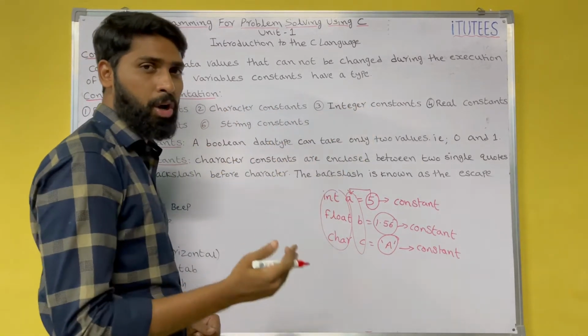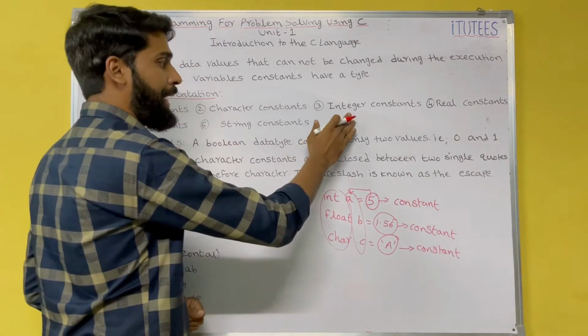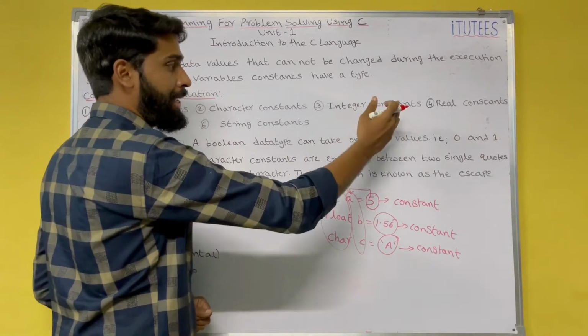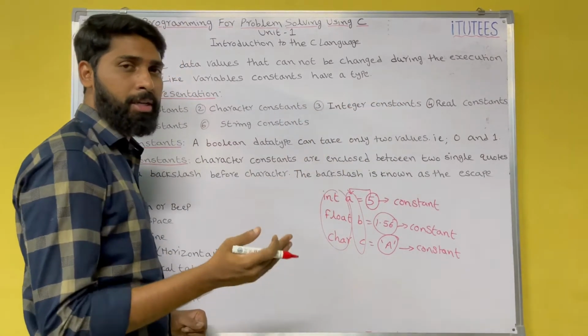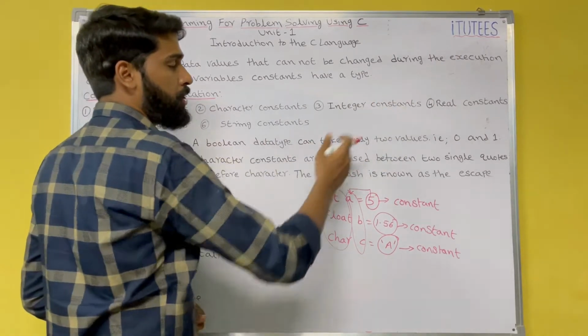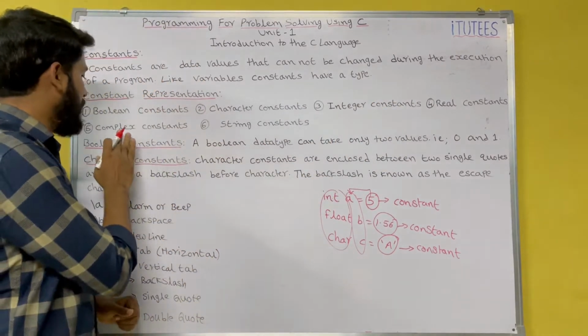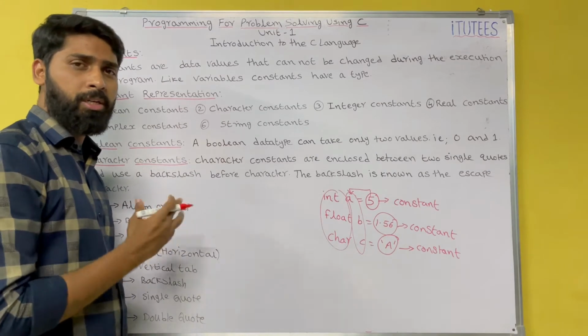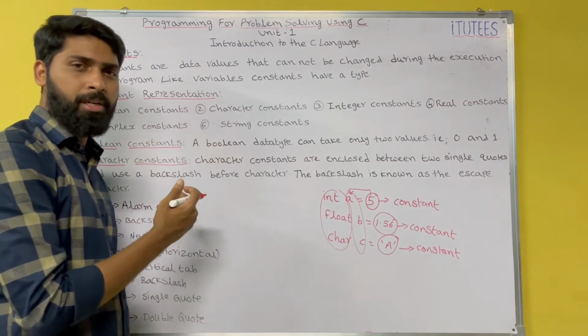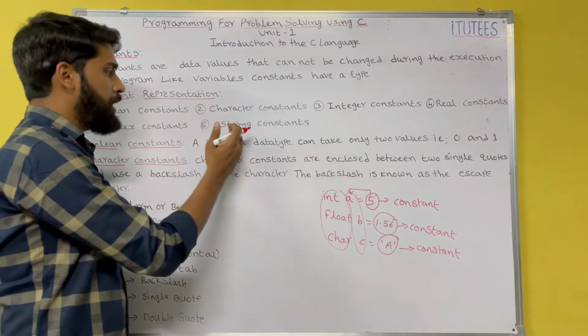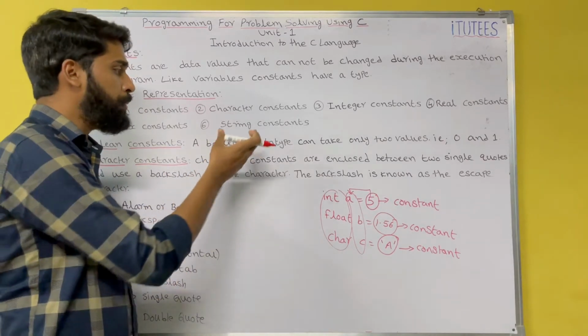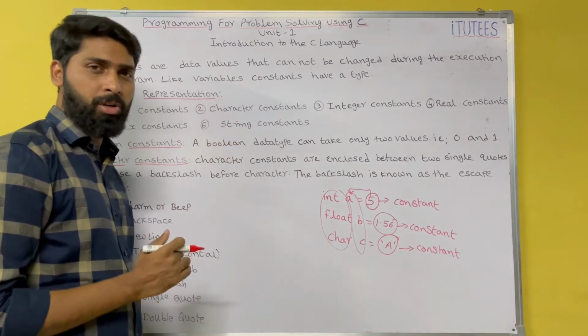Integer constants: the whole number representation. Real constant: if the number has a fraction part, we call it a real constant. Complex constants have two parts, real part and imaginary part. String constants: a group of characters we call a string constant.